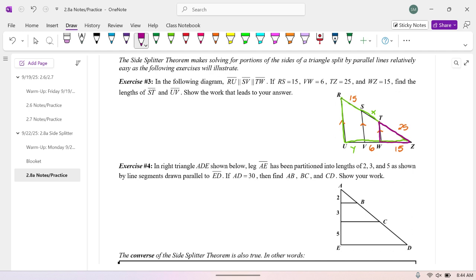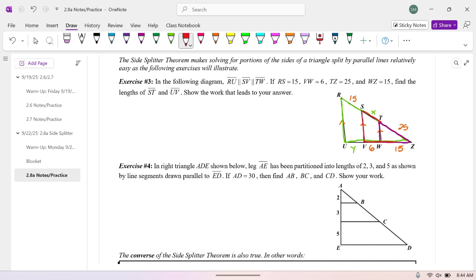So for this first one, I need to find the proportion from TZ and ST. So we're technically doing these two triangles.